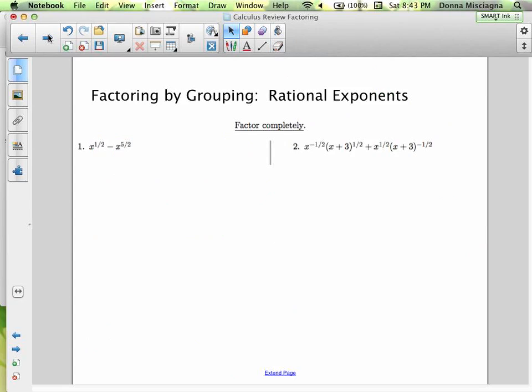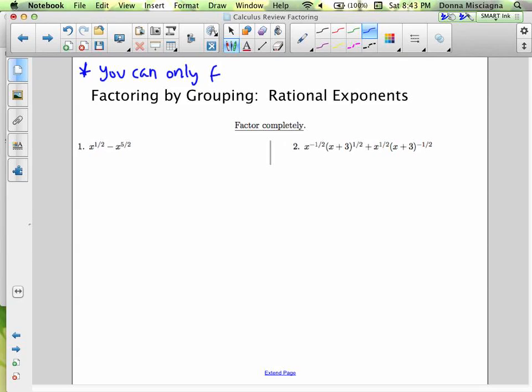All right, factor by grouping rational exponents. I'm going to write this over here. You can only factor out the smallest exponent either term has.